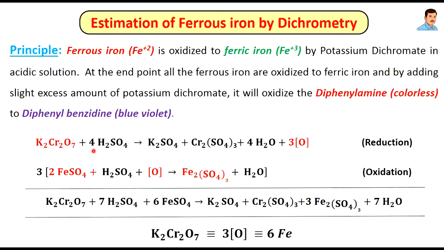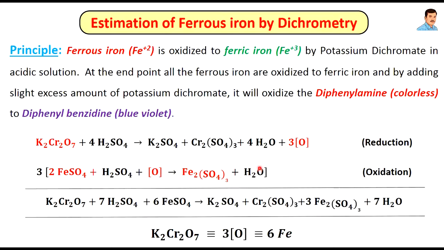Potassium dichromate in acid medium in presence of sulfuric acid produces chromium sulfate and 3 nascent oxygens. These 3 nascent oxygens will oxidize the ferrous sulfate, nothing but the sample solution, FeSO4. 2FeSO4 plus H2SO4 plus nascent oxygen gives rise to Fe2(SO4)3. This is ferric sulfate plus H2O.